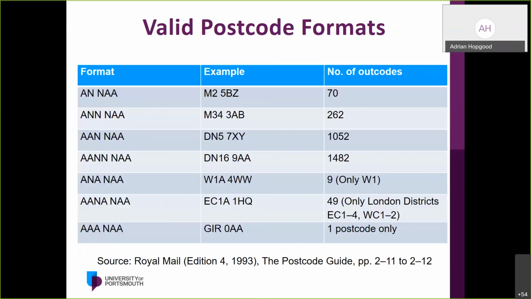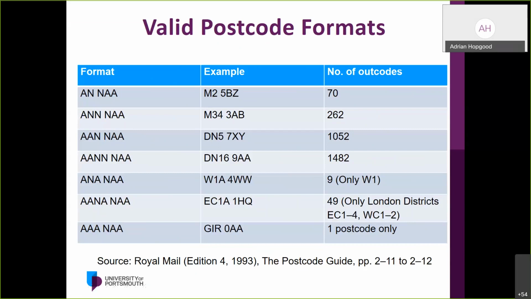So first and foremost, there are only 7 valid postcode formats, as defined in the postcode guide of 1993. And overwhelmingly 2 of those are more common than the others, which are the third and the fourth one, which have 1052 and 1482 respectively, variants of the outcodes, which is the second part of the postcode.